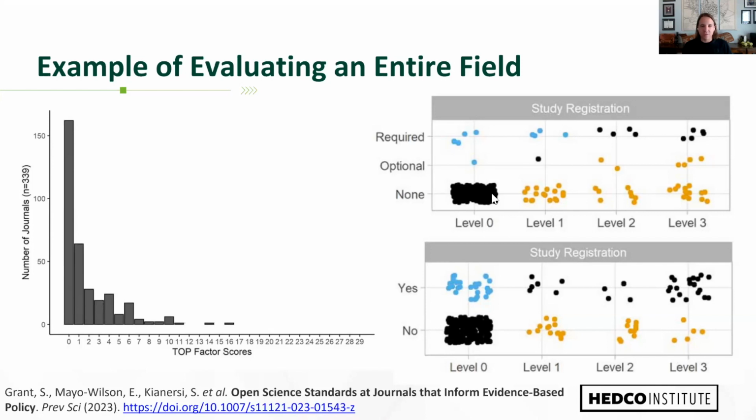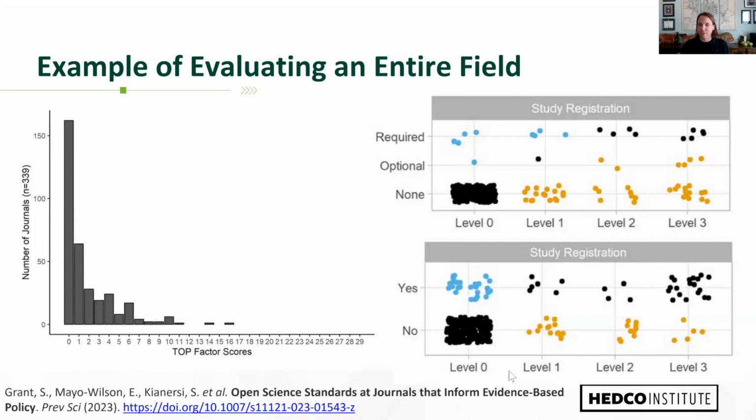And then we also looked at, if you can see over here, the degree to which a journal policy, what they say in their manuscript submission guidelines, is aligned with the fields in their manuscript submission systems. So what level you are in the policies, and then whether you have an optional or required field in your submission system to provide information about study registration.